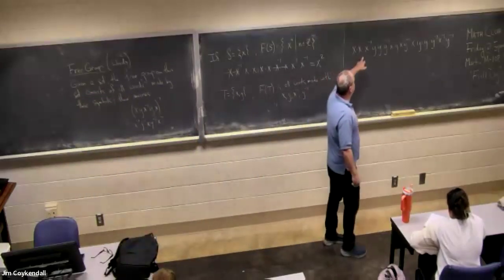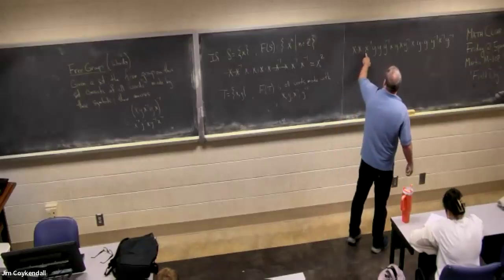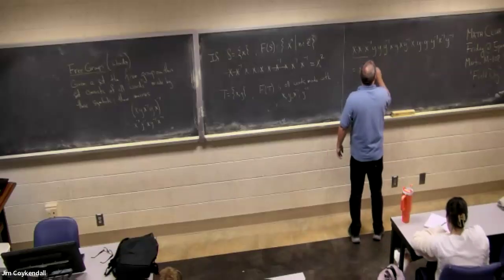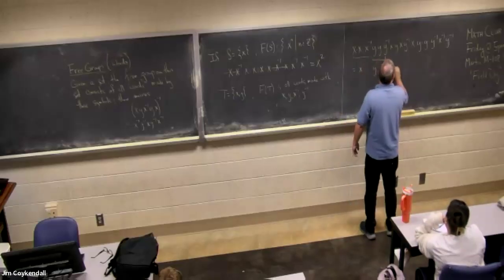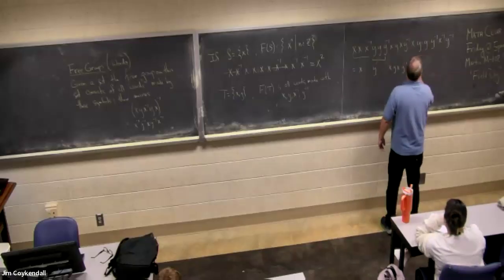Now you can actually collapse these words a little bit. Sometimes if you see things together, this is x squared times x inverse, so this is just x. This is just y. This is x y x y inverse. This is just y.